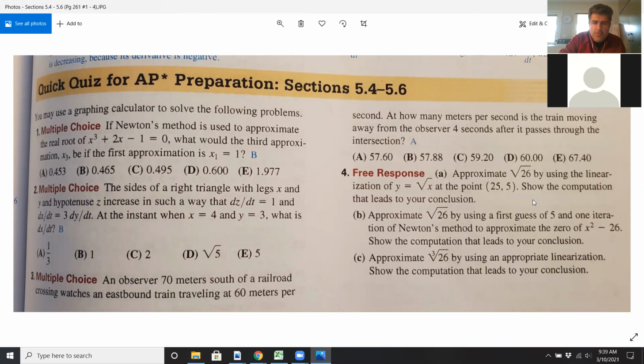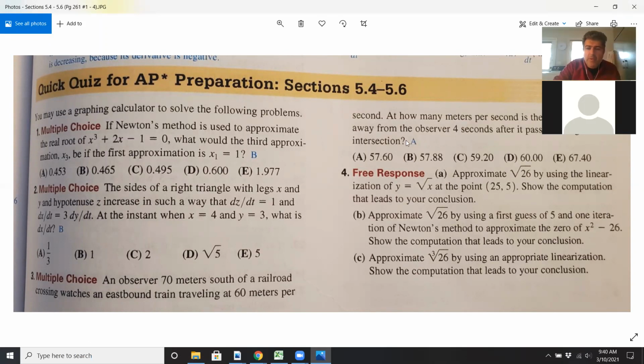And geez, I don't see anything on optimization though. That's weird. Interesting. Okay. Yeah, I'm surprised there's no optimization problems, but okay.